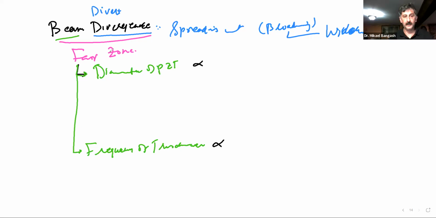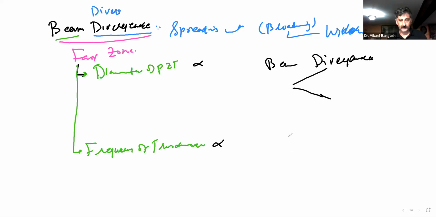So here, ladies, is the relationship between beam divergence, which may mean the beam going out like this or diverging, and the PCT diameter, which is the size of the PCT.